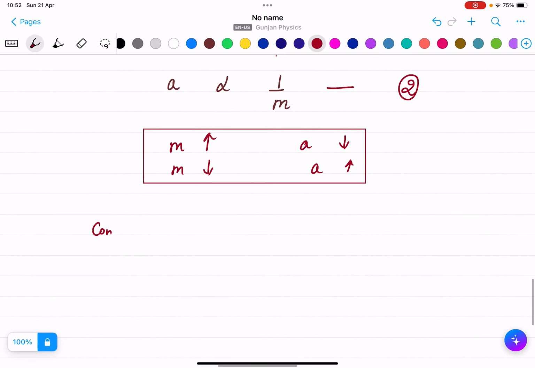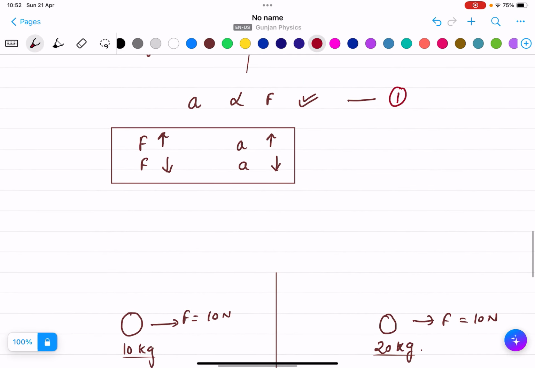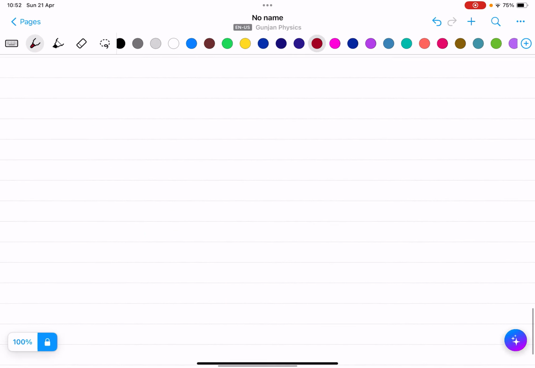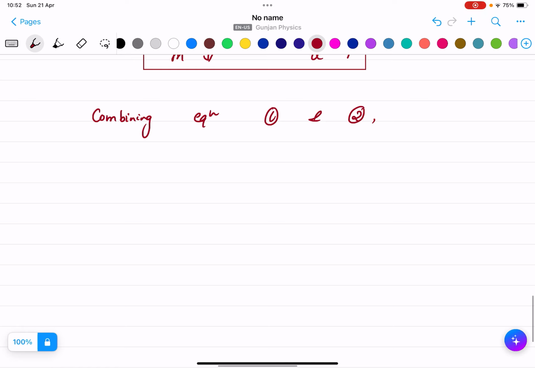Now combining equation 1 and 2. I need to combine these two equations. So the first equation is acceleration is directly proportional to force, and the second equation is this one.